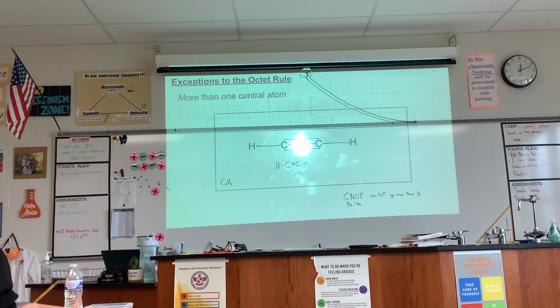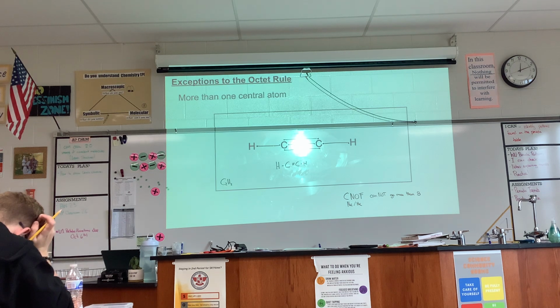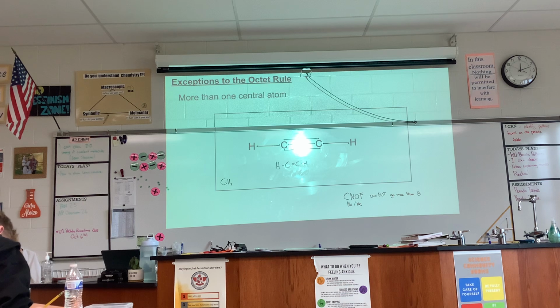Okay, so just like before, start with the outside ones. Wait, isn't this an inside, or does it not consider it? It's considered an outside. It's the same as the inside element, but it's on the outside of the atom.